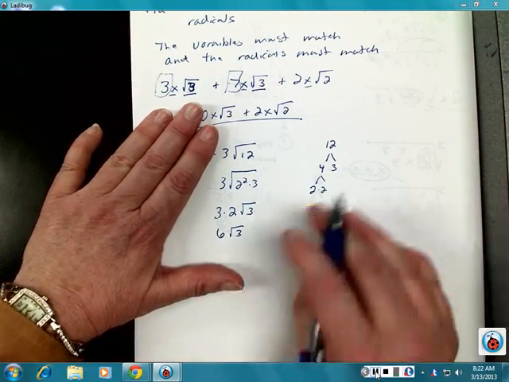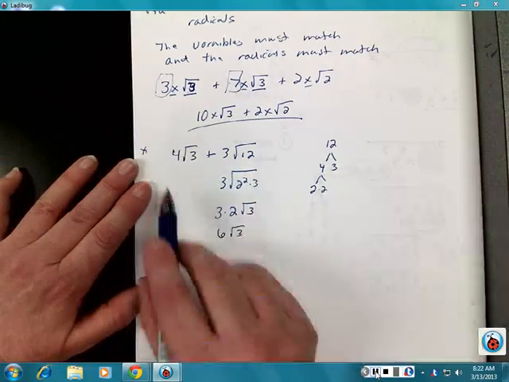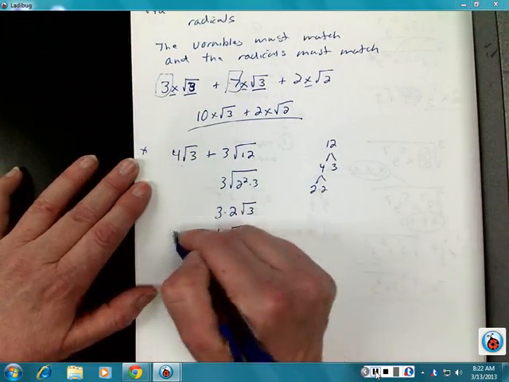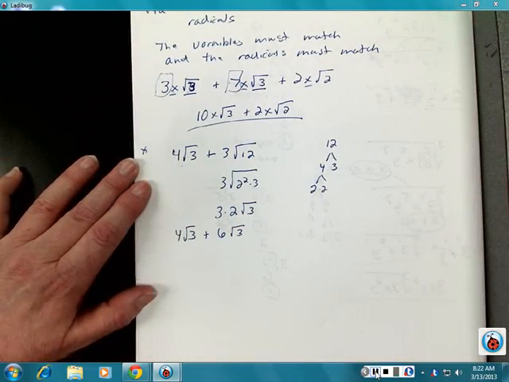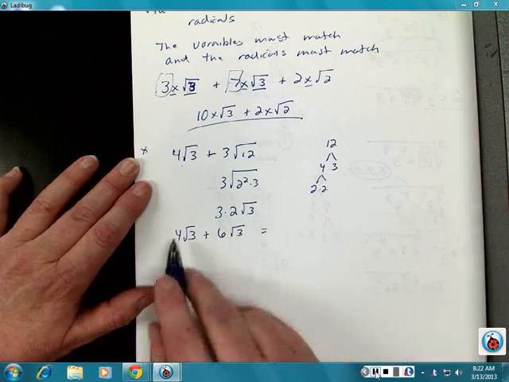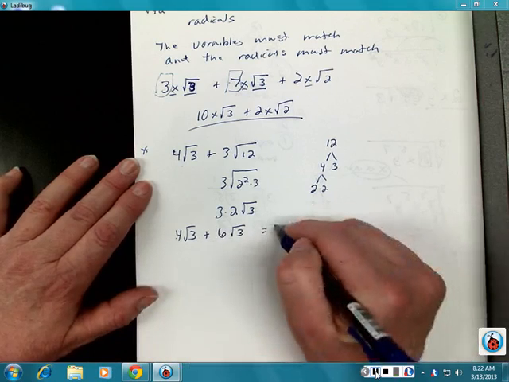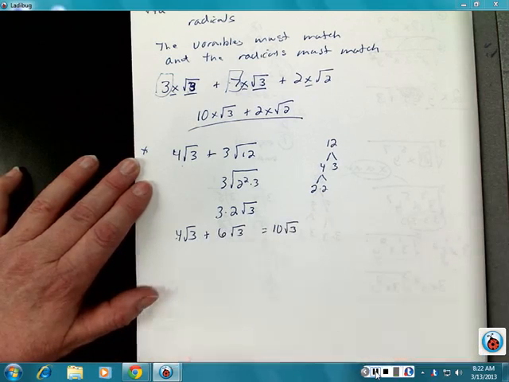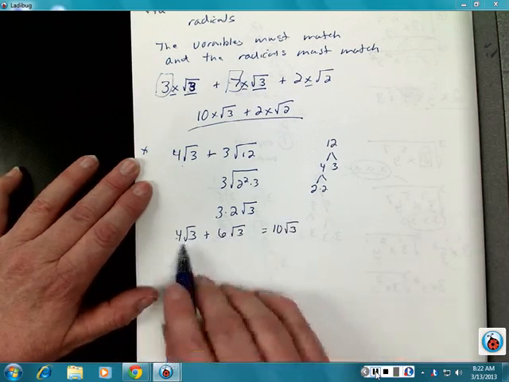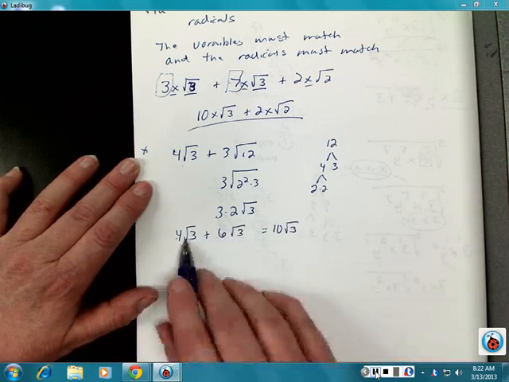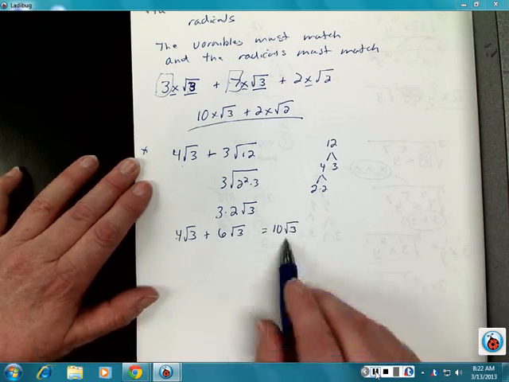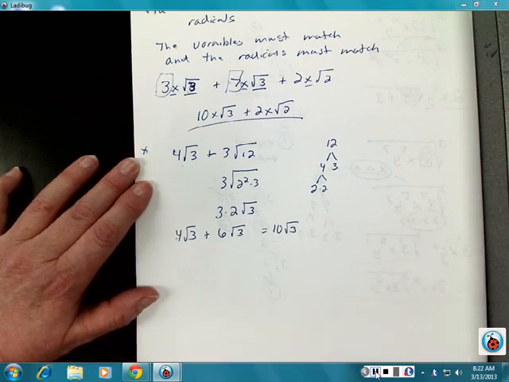Now if I go back to my original problem, I can bring down that first part, and what do I have now? They match each other, and because they match, I can stick them together. 4 plus 6 is 10. The square root of 3 is acting like my common variable piece in here, but it's a common radical. And so I end up with 10 times the square root of 3.